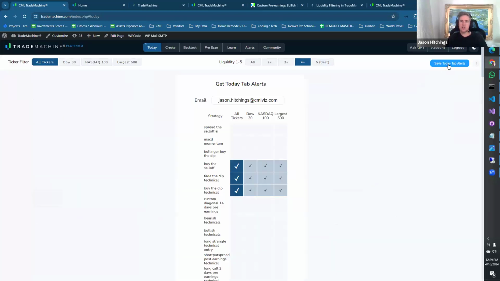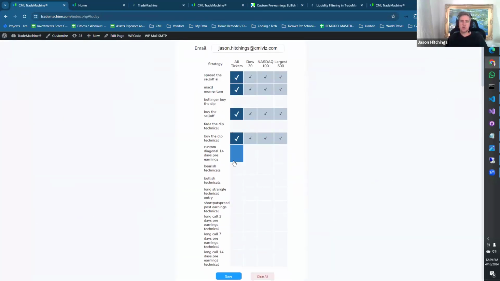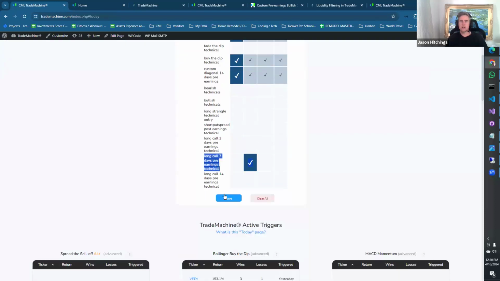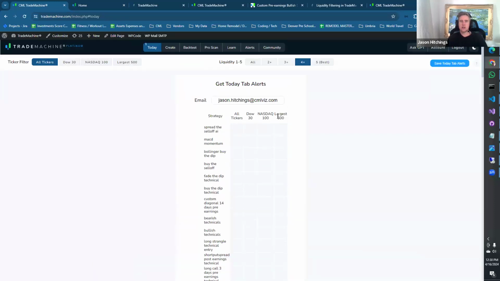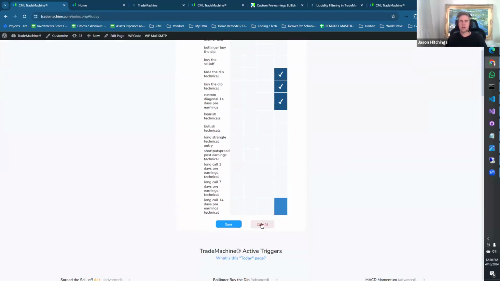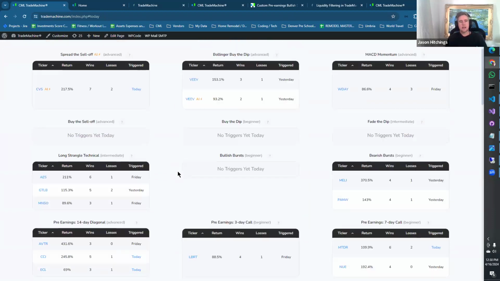You can actually set alerts on these, so you can say which of these you want to get alerts on. So this is for which tickers. If you only want alerts on, say, stocks in the S&P or the largest market cap, you can choose the strategies you want to get alerted on. You'll get an email with that alert. When you get the email, it's going to say what the strategy was that triggered, and it's going to give you a link.